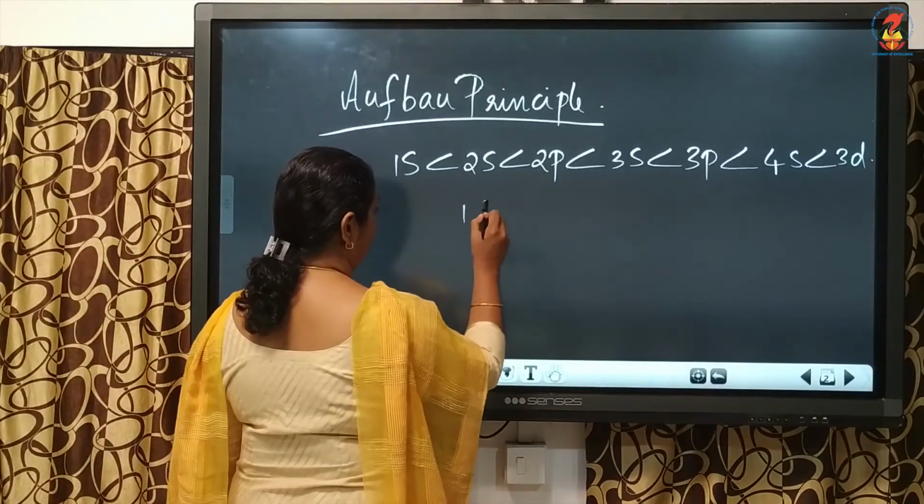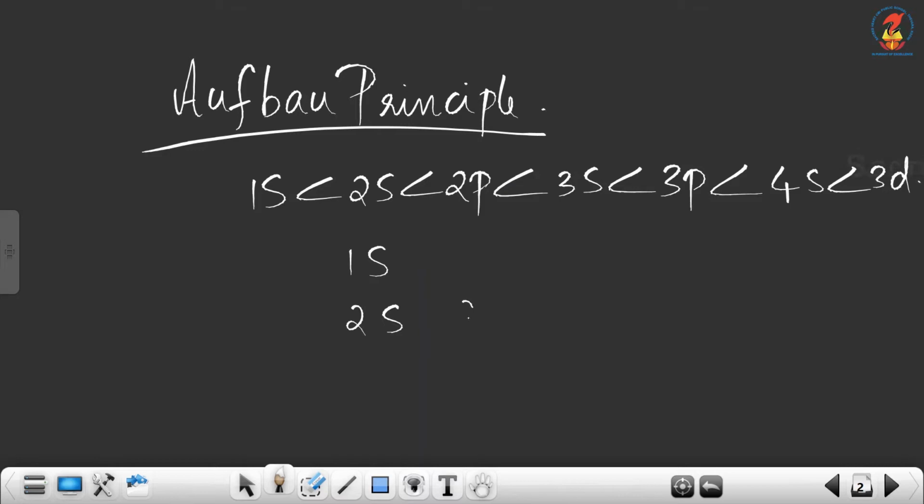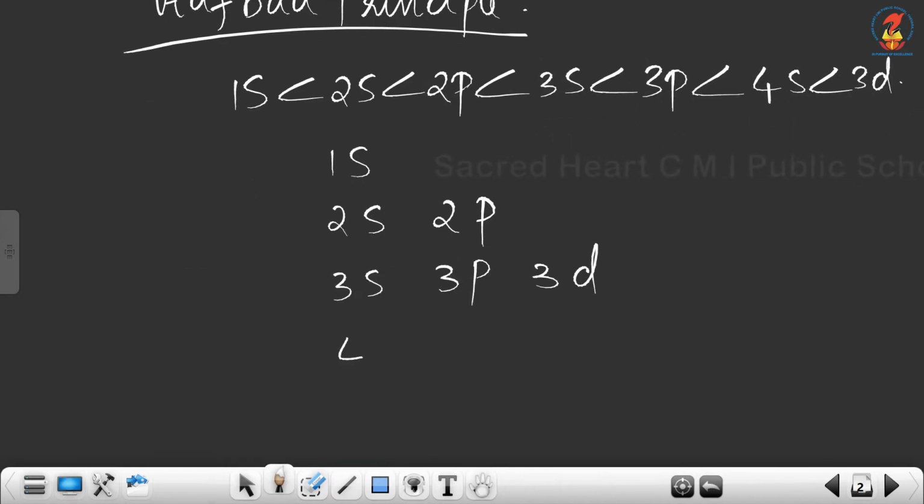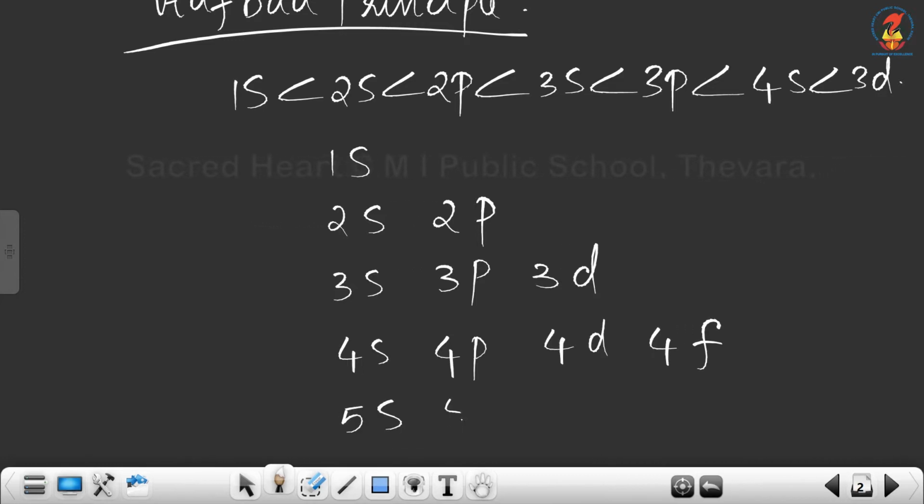It is this way. Write 1s, 2s, 2p, 3s, 3p, 3d, then 4s, 4p, 4d, 4f, 5s, 5p, 5d, 5f.